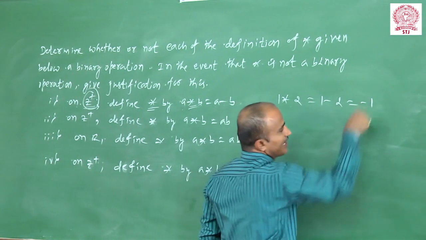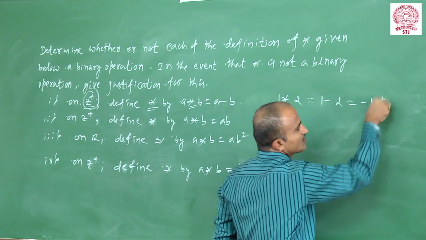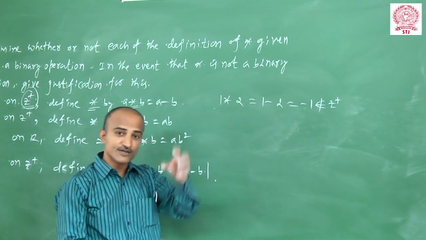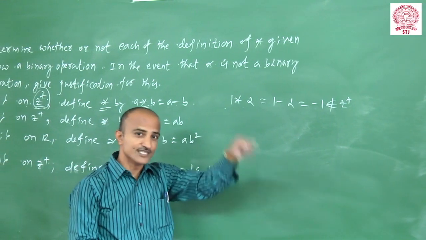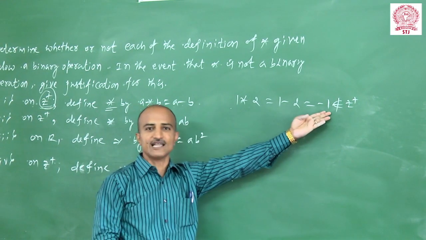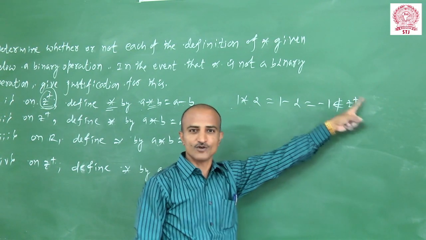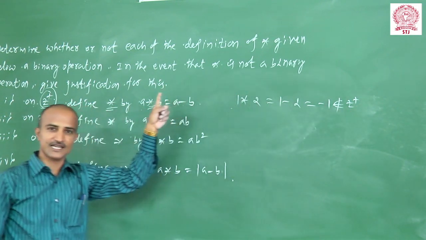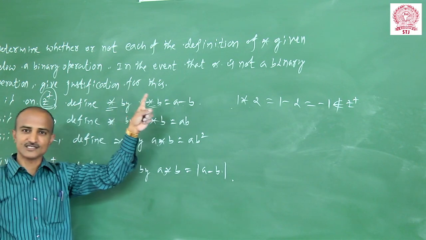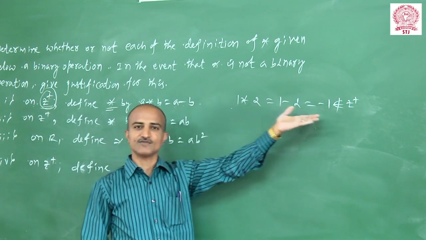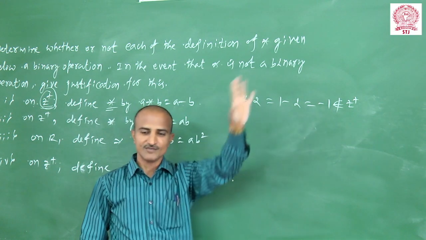That will be minus 1, which does not belong to the set of positive integers. We need to get a unique element that should be in the same set, but we are getting an element minus 1. It is not in Z plus. Therefore, star is not a binary operation. We have given a counterexample, and with that we have justified why star is not a binary operation.